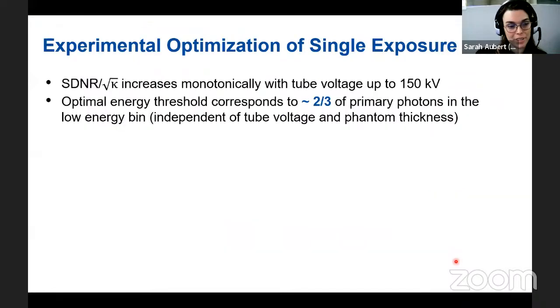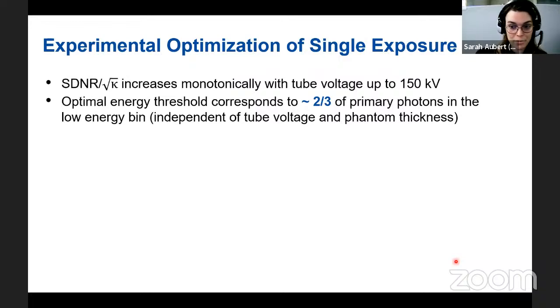And so what we concluded from this study was that our image quality was increasing monotonically with tube voltage up to 150 kV, and that our optimal energy thresholds always corresponded to approximately 2/3 of the primary photons, or 3/4 of all photons, being detected in the low energy bin. And this result was independent of both tube voltage and phantom thickness.